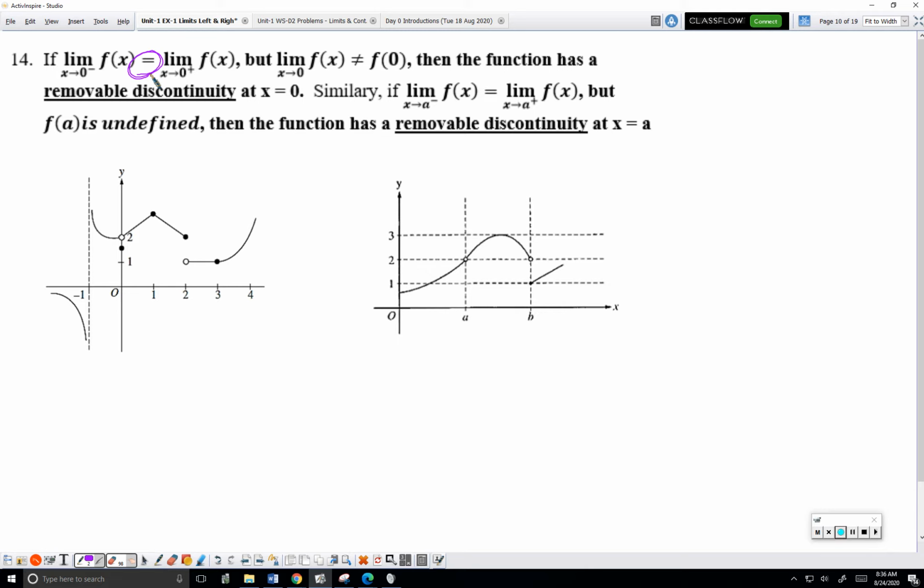But if the left and right limits are one value and the value of the function is different, so it's that comparison between what's happening exactly at, in this example, x equals 0, compared to what's happening when x is simply getting infinitesimally close to 0. Well, if from the left and the right, we're getting close to the same y value, but when we go exactly at 0, we get a different value, that's a removable discontinuity right here.